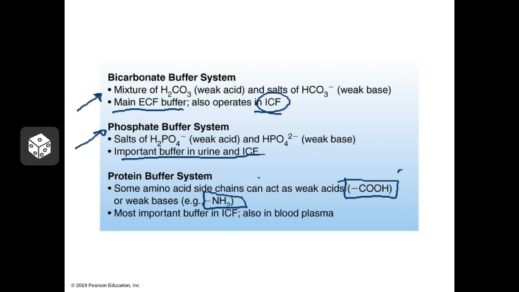In other words, the carboxyl group can donate a hydrogen, and the amine group can take up a hydrogen. The protein buffer system is very important in the intracellular fluid. We also see it function some in the blood plasma. And then earlier in the semester, we saw the protein called hemoglobin function as a buffer.